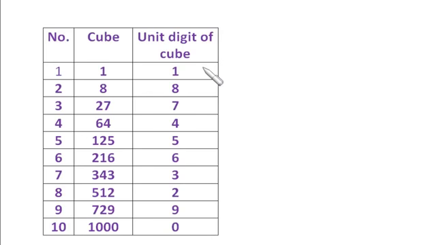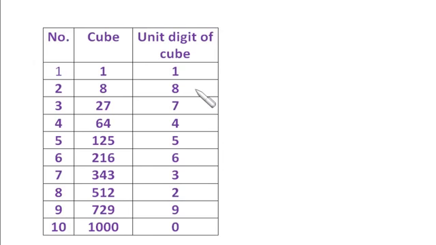Friends, you will observe that the unit digit of the cube is unique in all these cases. Like if the number which is given to us has unit digit 1, so definitely its cube root will have unit digit 1.